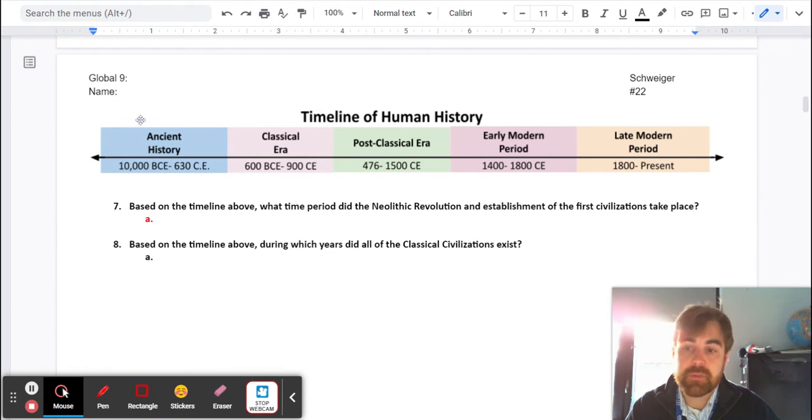Most of the class so far, we've done ancient history: the Paleolithic period, the Neolithic Revolution, early civilizations, river valleys, and all that. But now we're moving into a new era called the Classical Era. Some of the stuff we did with India would have fallen in there, but with the project, we didn't really focus on it so much. It's the time period from 600 BCE, remember, before year 0, to 900.